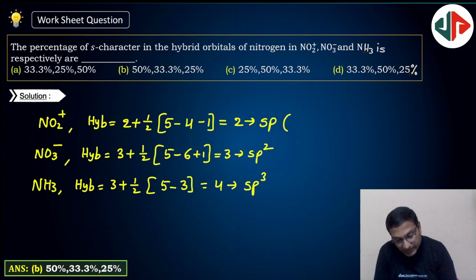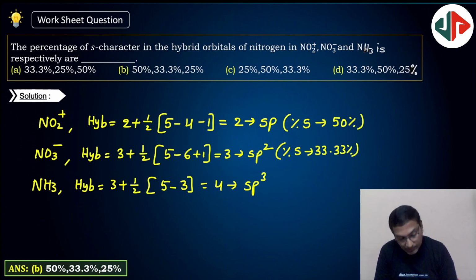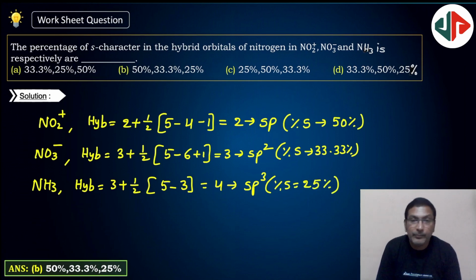This sp percentage of s character is 50%. 50% of s character. Next here percentage of s character 33.33%. Next sp3 percentage of s character 25%. Therefore option will be B.